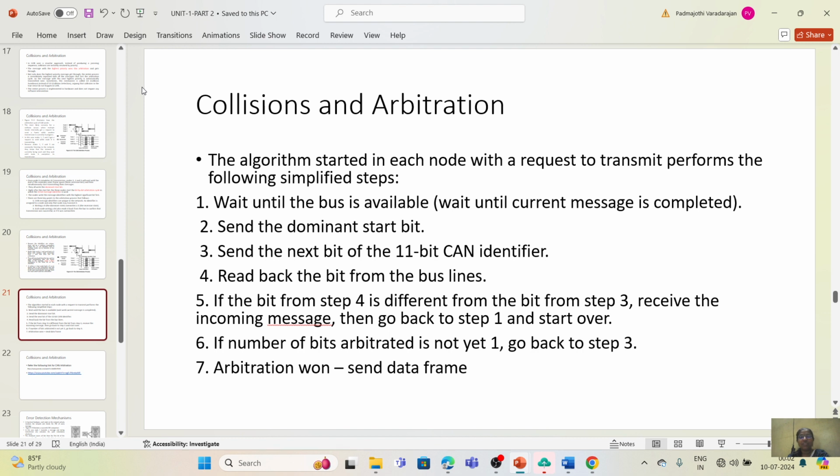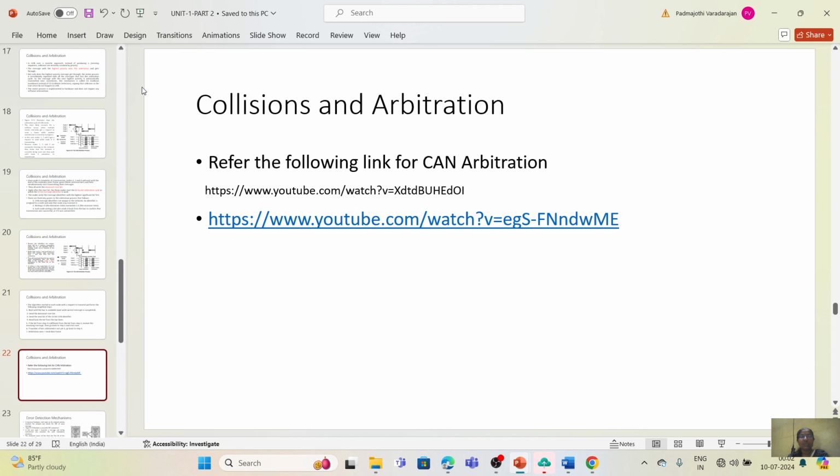If the number of bits arbitrated is not 1, go back to step 3. Once arbitration is won, send the data frame. So this is the algorithm for collision arbitration. You can refer to this link on Canvas to study more about collision and arbitration.